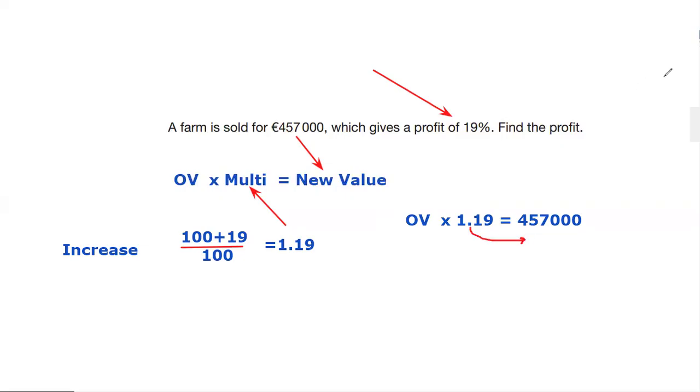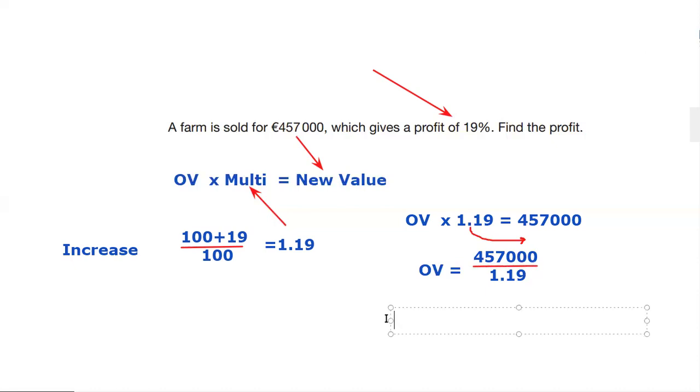Okay? So the original value equals 457 thousand divided by 1.19. This will help me find the original value.